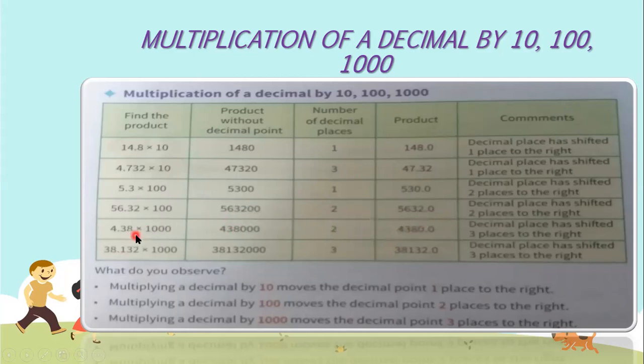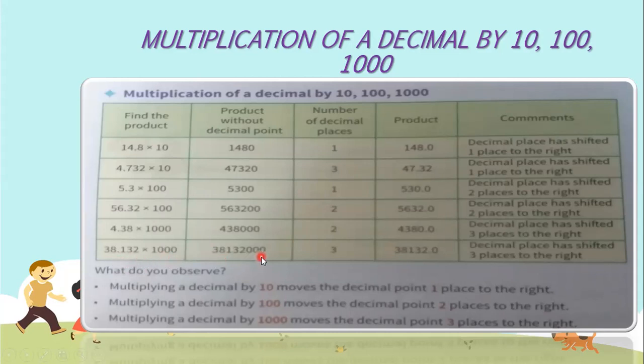So this you can write as 5,632.0. Next, 4.38 into 1000. Without the point, if you multiply this, 4,38,000 you will get. Here, if you see, the decimal places are 2, that means before 2 numbers: 4,380.0 you will get. Next is 38.132 into 1000.